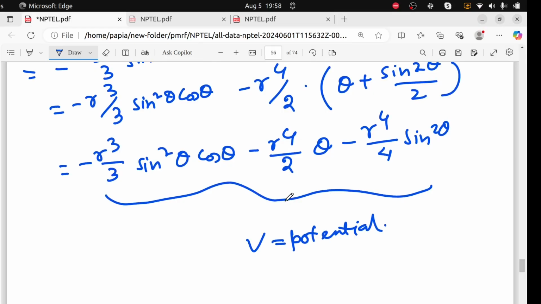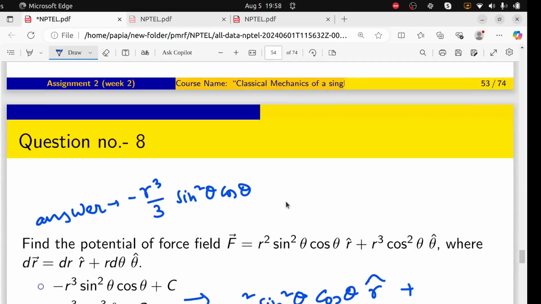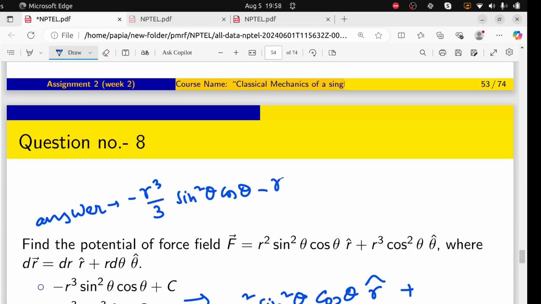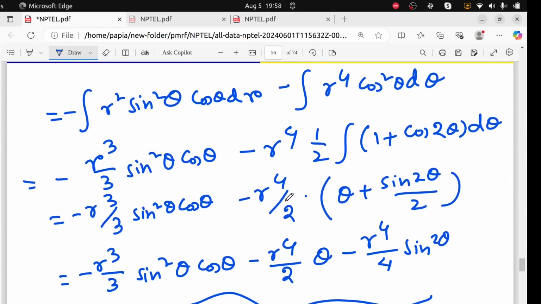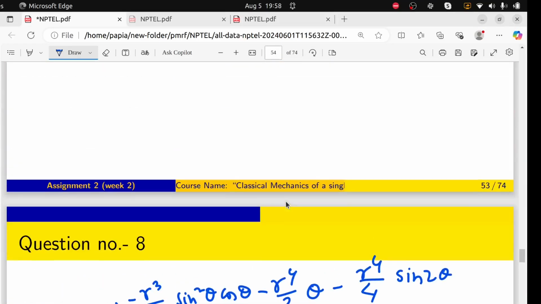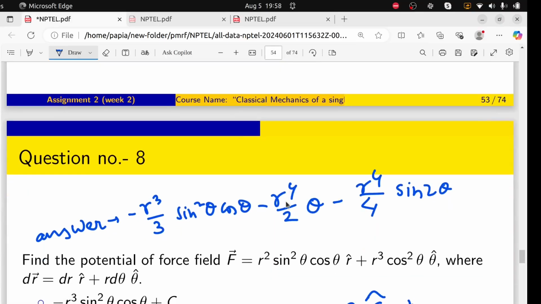Yes, r to the power 4 by 2 theta minus r to the power 4 by 4 sine 2 theta. Like that. Yes. This is the answer. This is the potential. Okay.